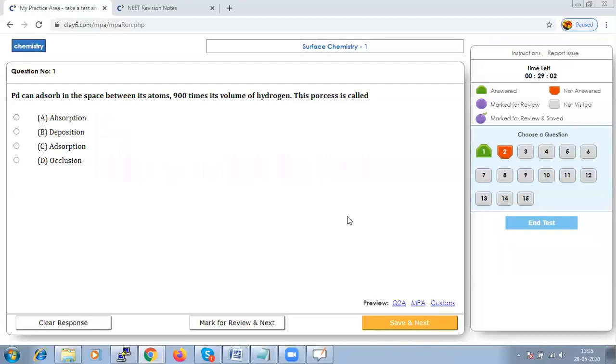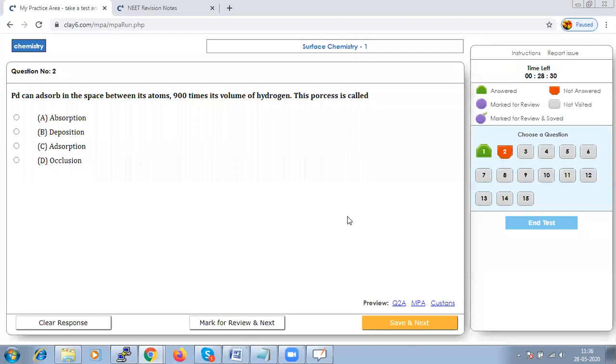Platinum can absorb in the space between its atoms 900 times its volume of hydrogen, and this process is called as, we should know the name of the process. So when we say absorb in the space between its atoms 900 times its volume of hydrogen, what should the process be?